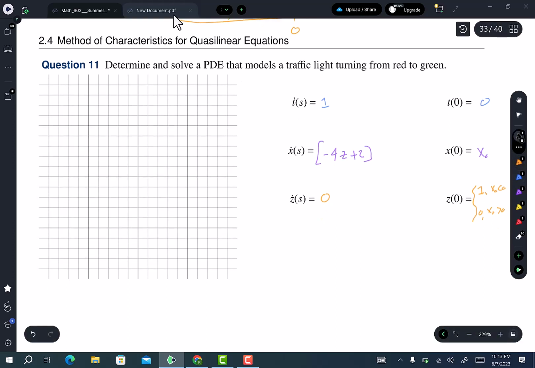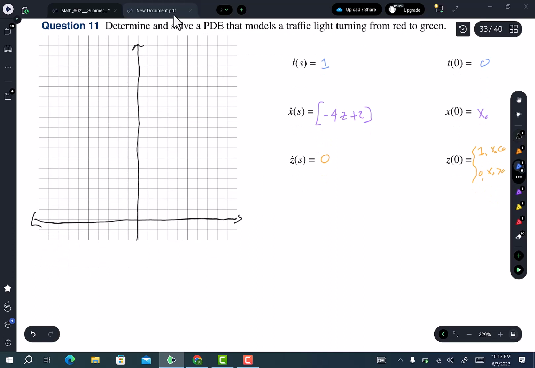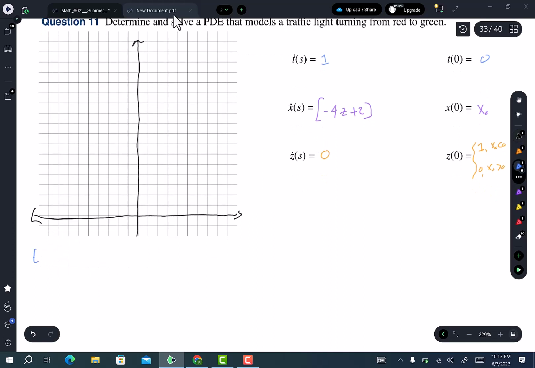So let me go ahead and draw the axes. This is the axes here, and let's solve the equations. Well, the t equation we'll do first. This gives t of s is equal to s. Next, I can't do the x equation yet because it involves z, but I can do the z equation.